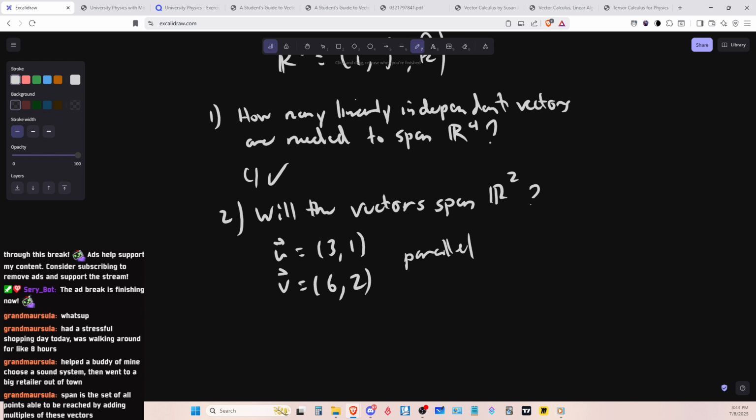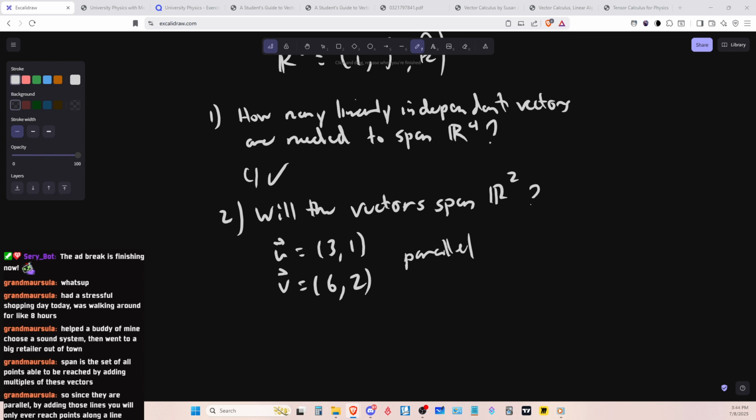So I'm gonna go with my first choice. So it's no, because the vectors are parallel. So since they are parallel, by adding all of those lines, you will only ever reach points along a line.